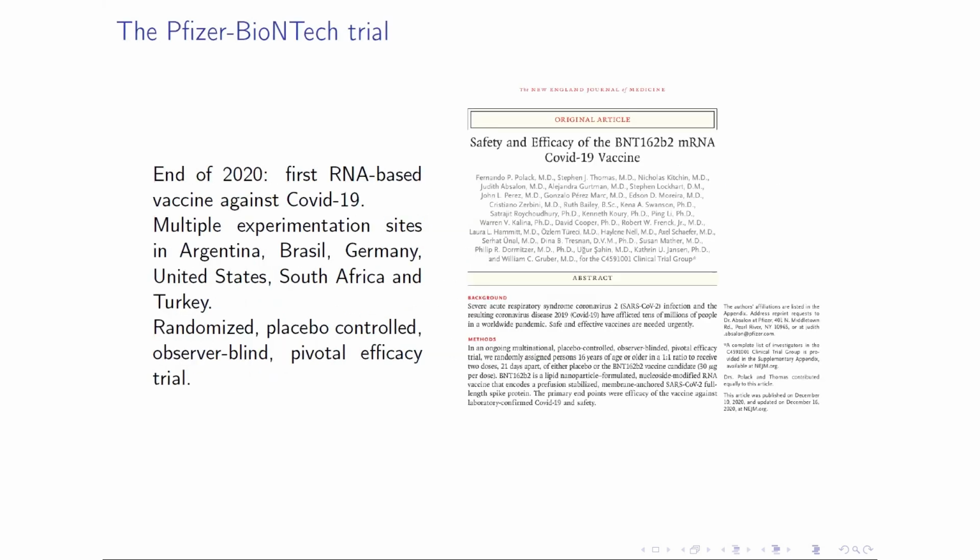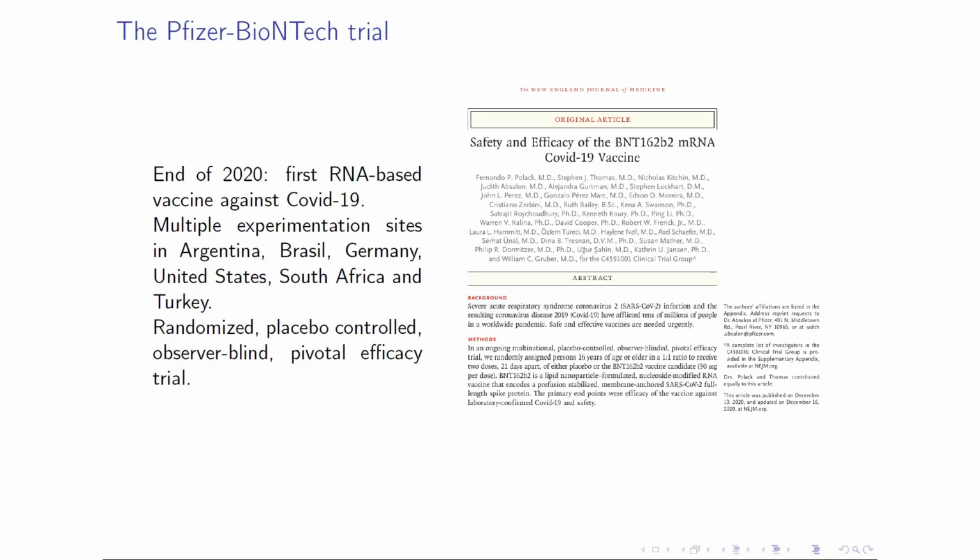So, for example, a very important paper for our times is the publication of the results of the first COVID-19 vaccines based on RNA technology. Very important from a biological point of view because it was a very innovative technology, and also from a statistical point of view, there were some novelties there.